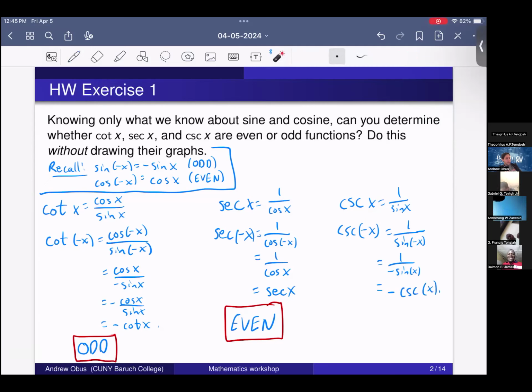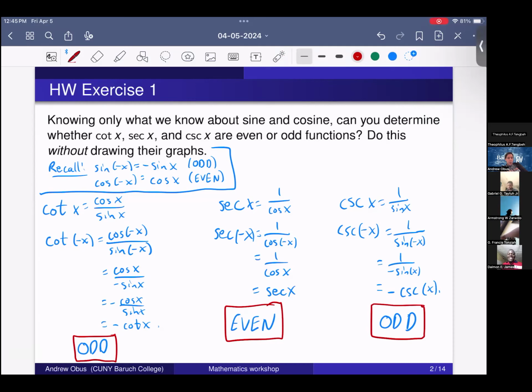So cosecant of minus x is minus cosecant of x, and that's, again, the definition of an odd function. So this is what we get for these three: cotangent is odd, secant is even, and cosecant is odd.